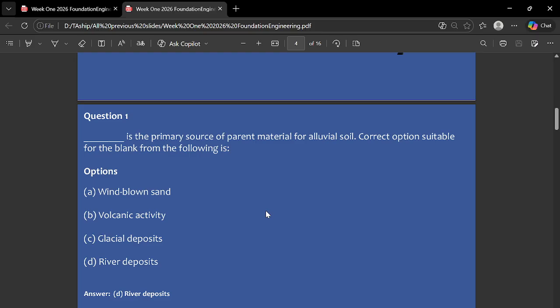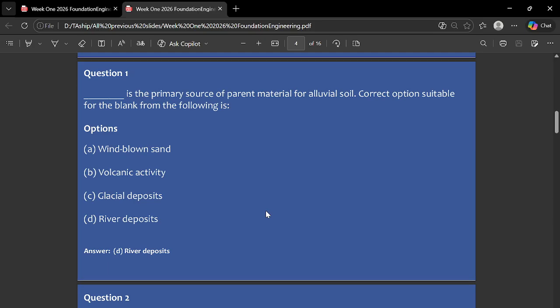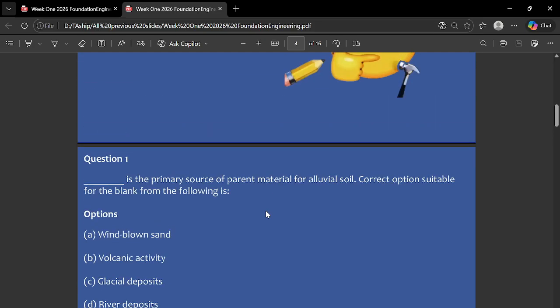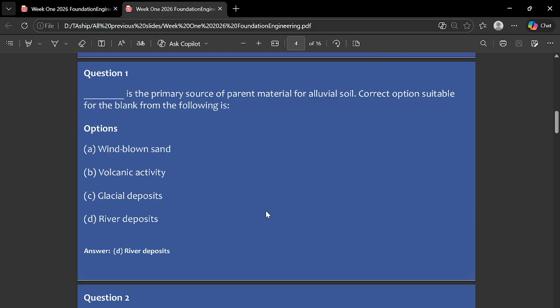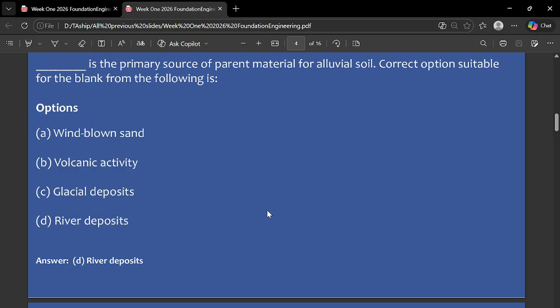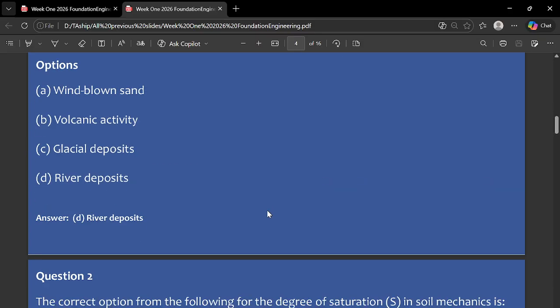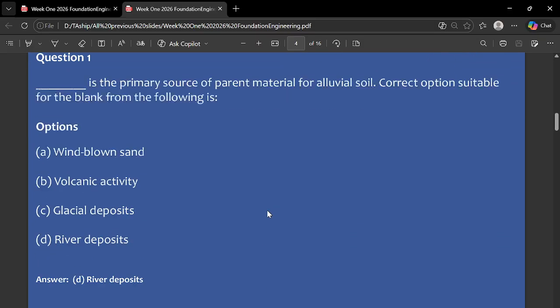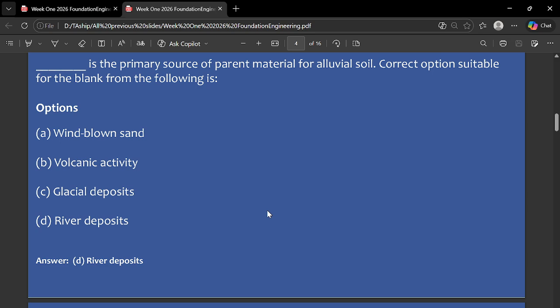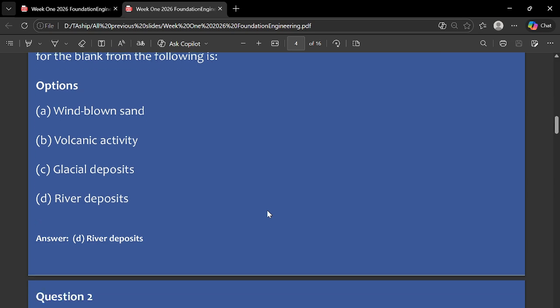So there you can have some of the questions which are based on the type of the soil, and it's very basic origin from the start, and some of the questions link with how the formation of the soil has taken place. So this you can refer in the lecture zero, week zero sessions, and week one sessions for addressing this type of questions.